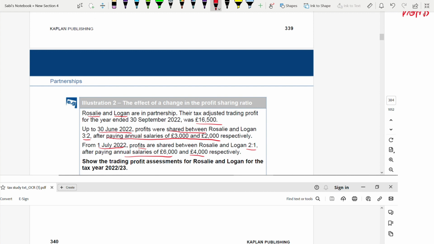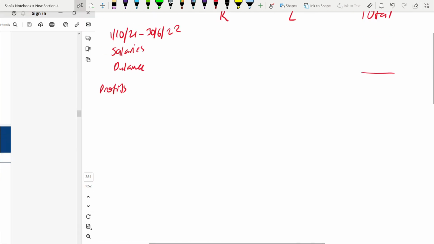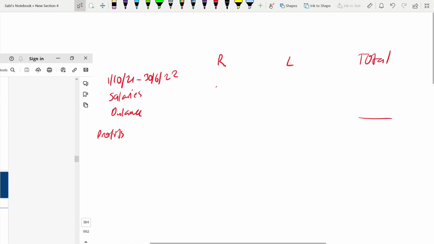So you have to take 3,000 for 9 months, and then you have to take 2,000 for 9 months. So salary for Rosalie is 2,250, for him 1,500. Total is 3,750, because only 9 months salary you are taking.